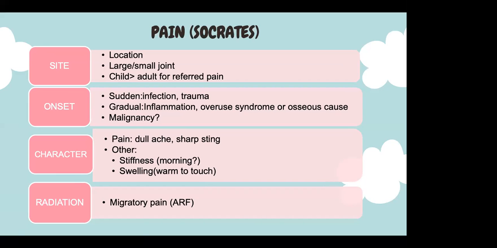If it is sudden or acutely occurring, for example in joint or bone infection, trauma, or acute deterioration of a chronic problem. If it is gradual, then you might think about an inflammatory process, overuse syndrome, or osseous causes like Köhler's disease.